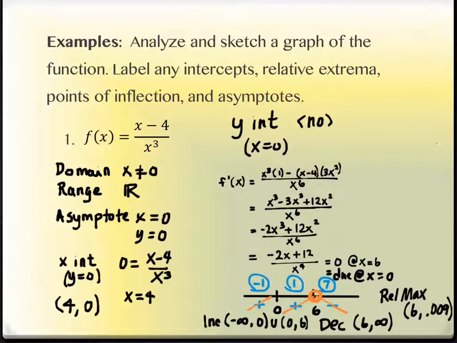All right, so using this, I'm then supposed to find the second derivative, right? So my first derivative, I'll move to the other slide. Is this one. What is my second derivative then?